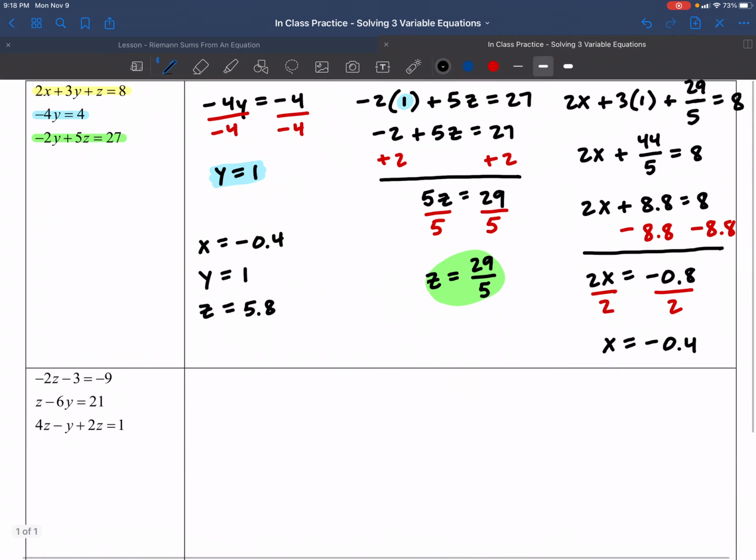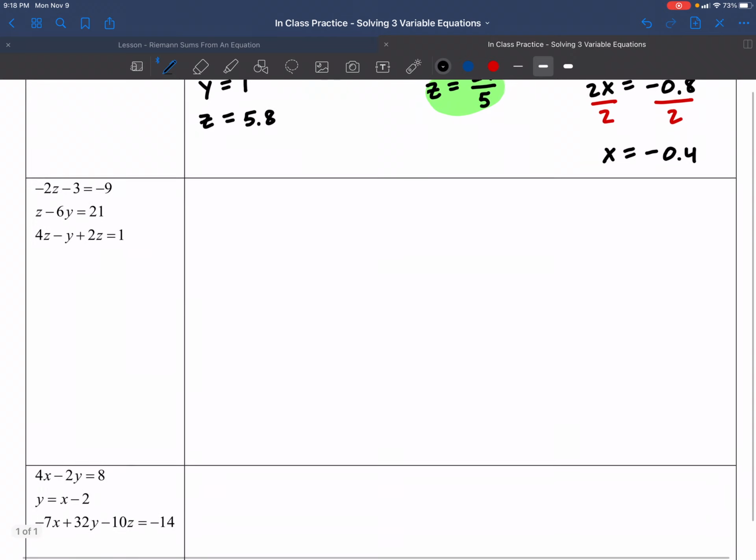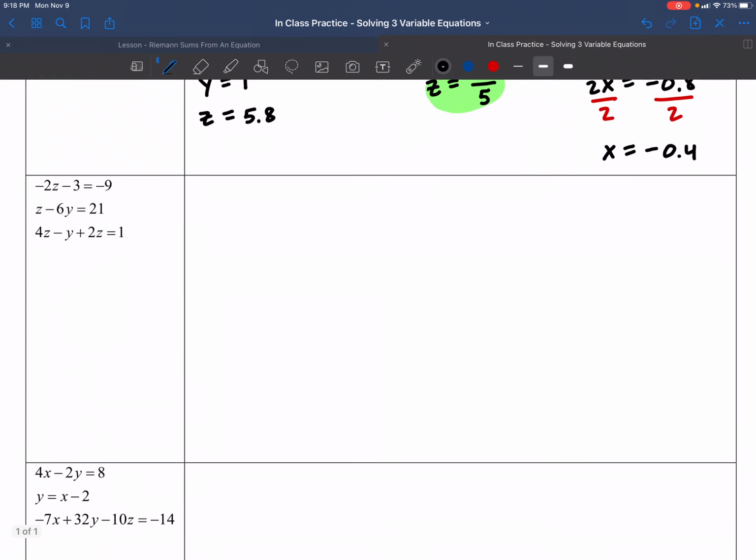All right, let's move on to our next one. Again, I'm looking for the equation that has the least number of variables in it. It looks like this first equation, negative 2z, only has z in it, so I'm going to use that one to solve first. So negative 2z minus 3 is equal to negative 9.